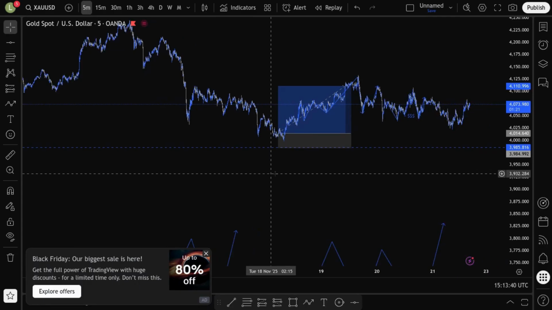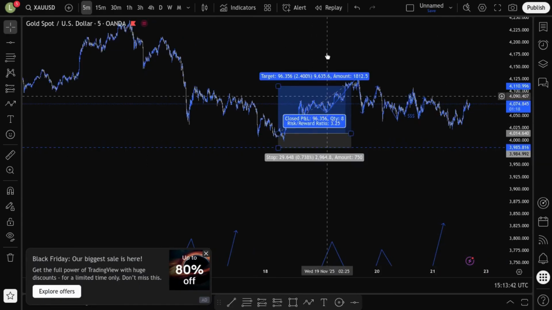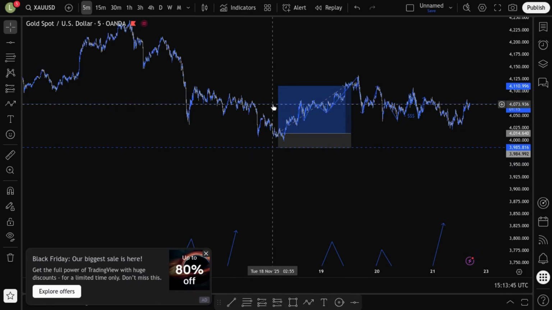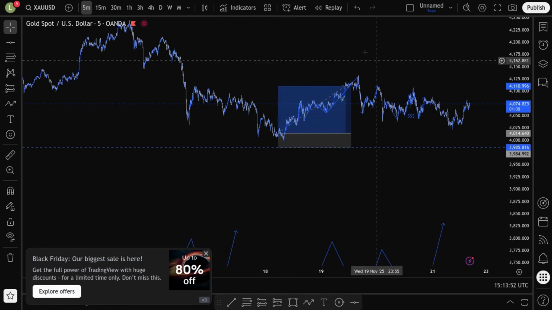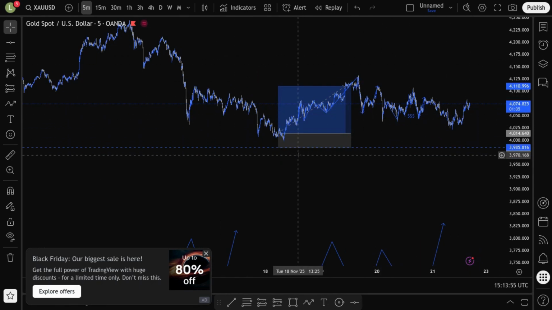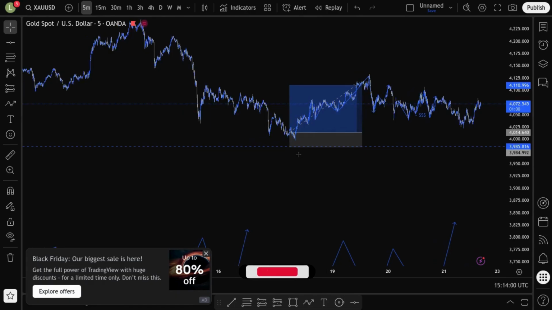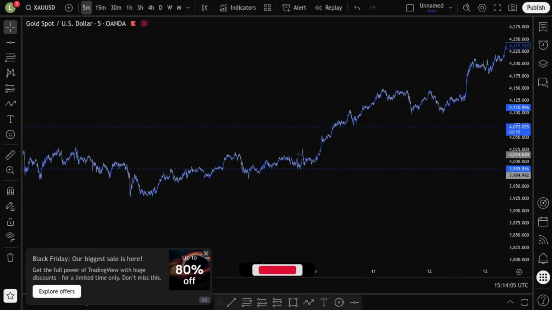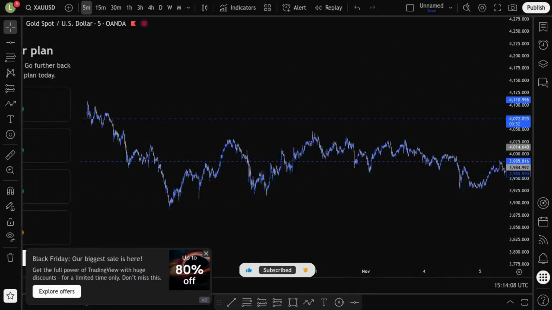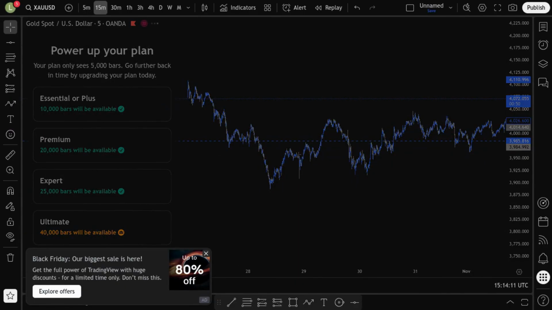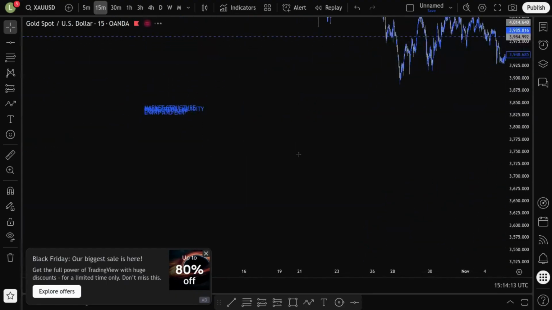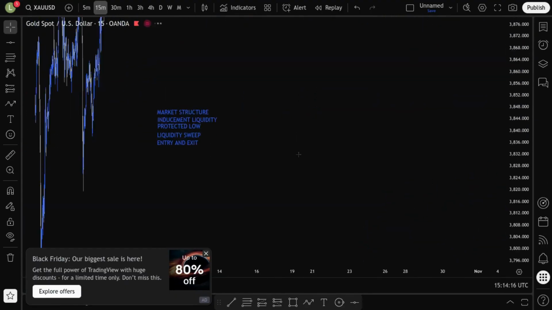So my RR must be at least 1:3. It cannot be more than 1:3.5, and it cannot be less than 1:3.0. It must be in that range. It helps me to put a realistic stop loss and a realistic TP. You can also implement that in your strategy, but you can also find your own, the one that fits your emotions, because trading is all about what you can follow, what can cope with your trading emotions.